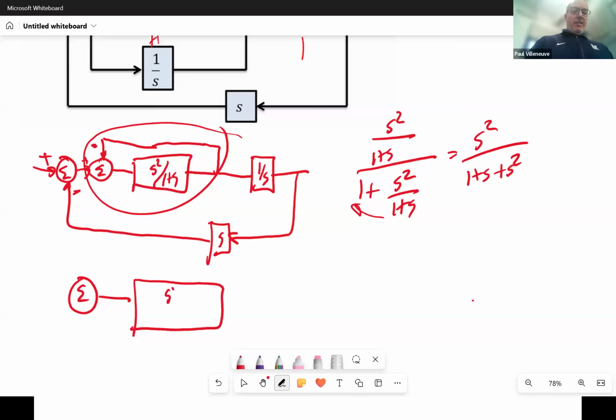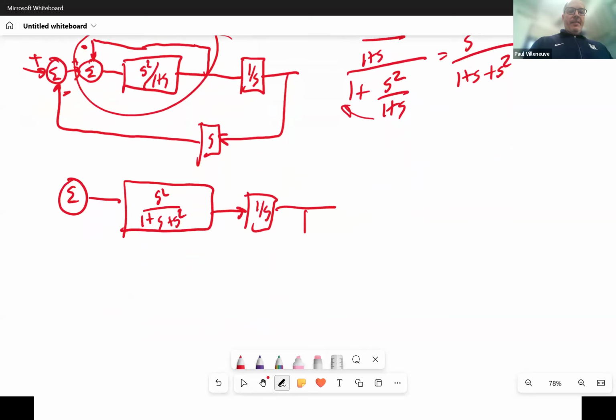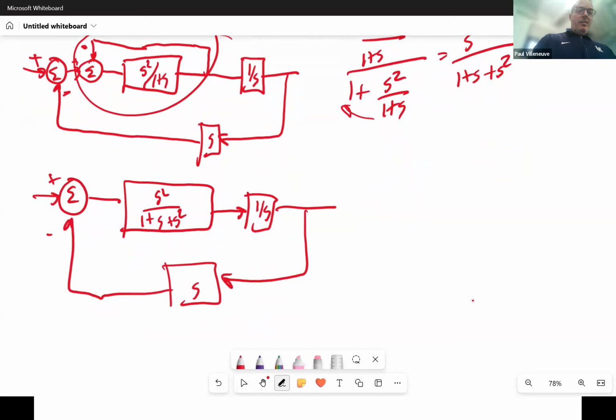This is S squared over 1 plus S squared. This is 1 over S. Move that up a little bit. This is S. And I've got that value there. I can combine these two, right? And how do I combine them? That becomes 1, and this S squared just becomes S, right?